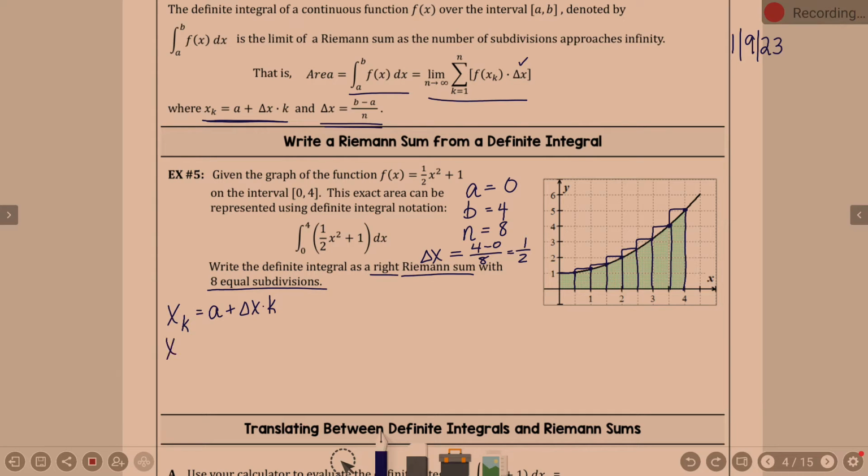Well, what do we have here? A is 0 plus delta x is 1/2 times k. So in this particular problem, x of k ends up being just 1/2 k. If you prefer, you could say 0.5 k. You could say k over 2.